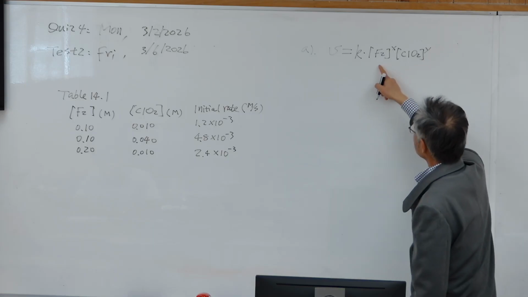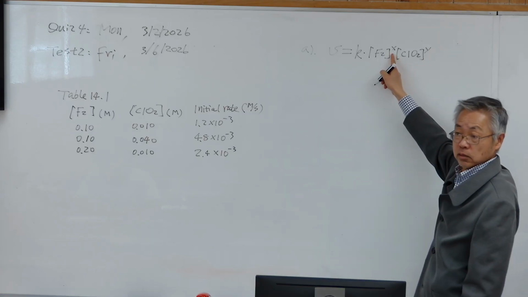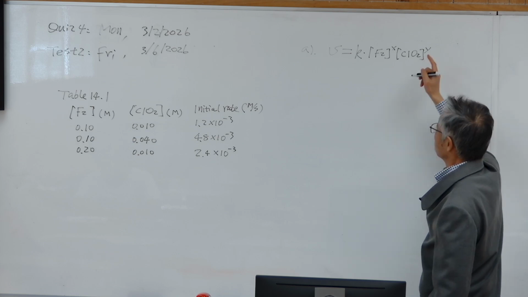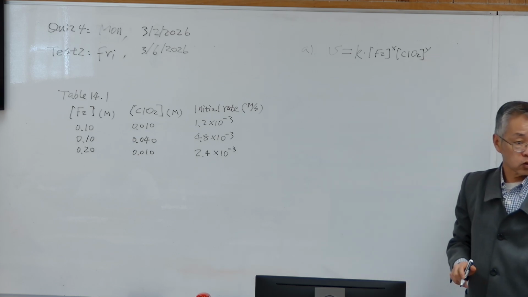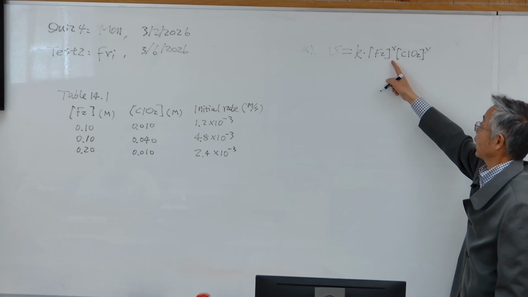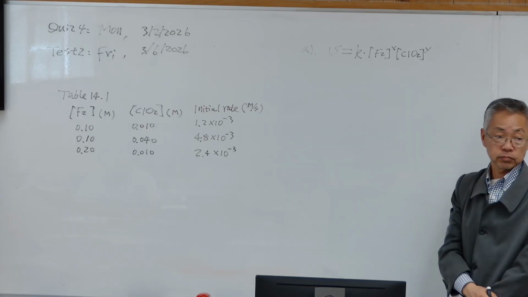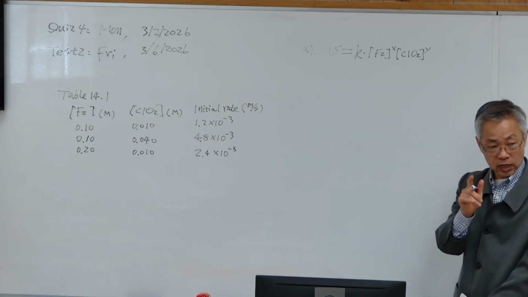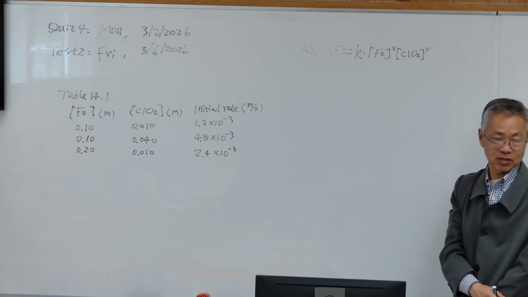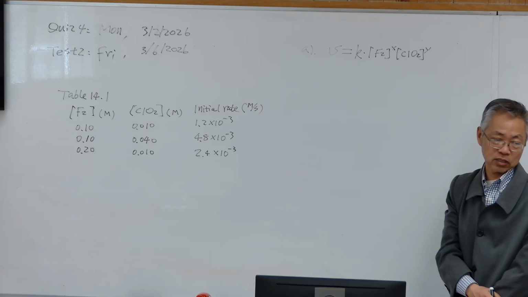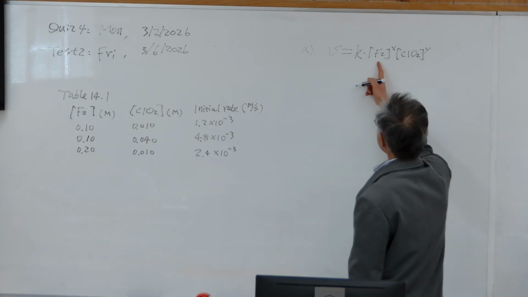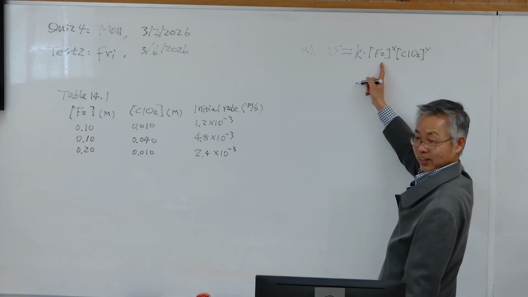K times the fluorine concentration raised to X's power times the ClO2 concentration raised to Y's power. So first of all, our job is to figure out X and Y. To figure out X and Y, we can only figure out one at a time. Either start with X or start with Y. So X is the reaction order with respect to fluorine, right?